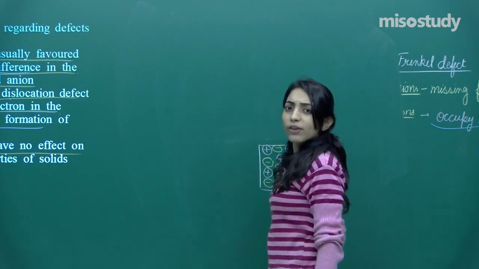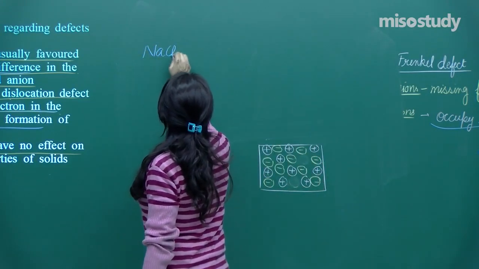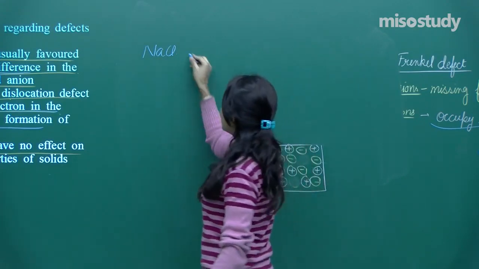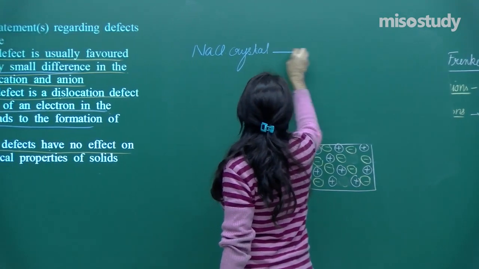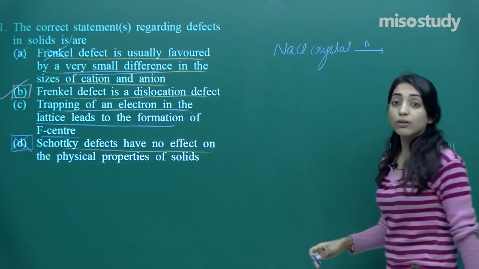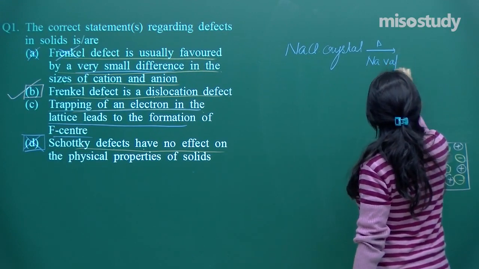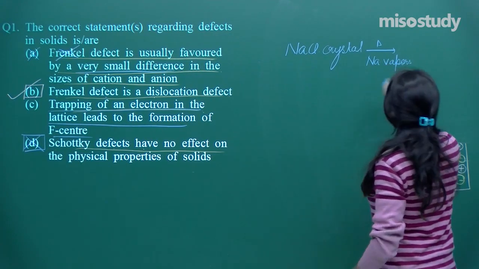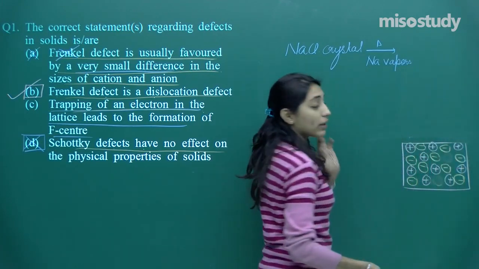You remember we have done one particular example that you take a sodium chloride crystal. So you have taken a crystal of sodium chloride and you heat it in the presence of sodium vapors. So what happens when you are heating the crystal of sodium chloride in the presence of sodium vapors?